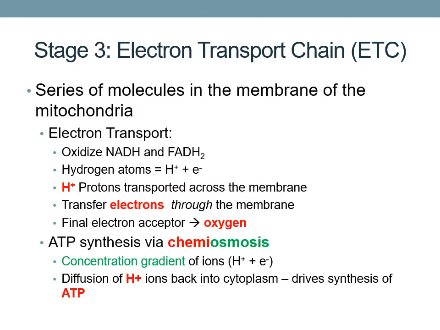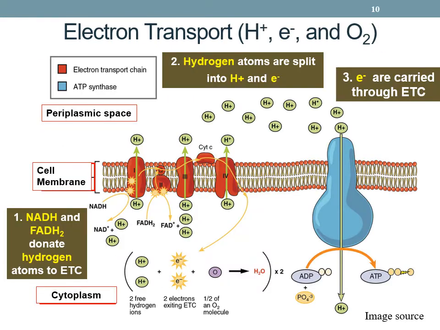This slide is a summary of events that occurred during electron transport. But let's see how it works. In this figure, you see the cell membrane of the prokaryotic cell with proteins of the electron transport chain embedded within them.